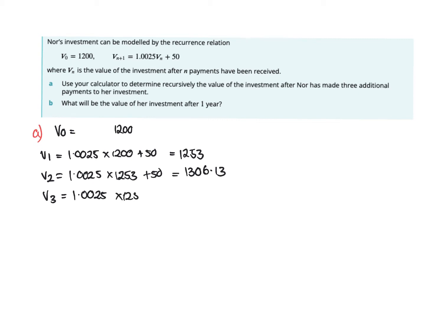So the next one you got to times it by the one before, plus 50, and you get your final, that one, which is 1359.40.